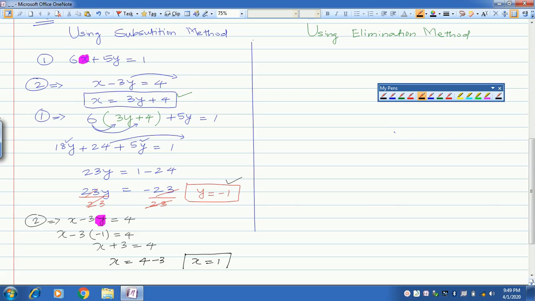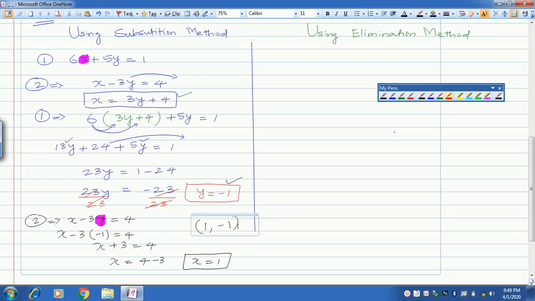So what is the answer you will get? The answer is 1 comma minus 1. So this is the solution for the first problem, x comma y.